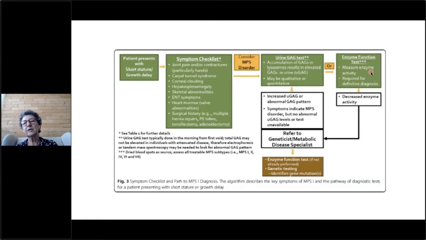And we have a testimony of a patient who had two exomes done, and they didn't find the pathogenic variant, and she hadn't had the enzyme activity measured. At more than 5 years old, she got another physician, who asked for the enzyme function test. Enzyme testing makes it easier to diagnose all mucopolysaccharidosis.